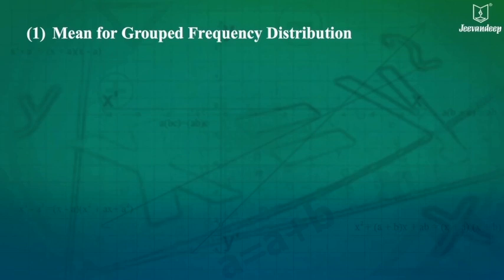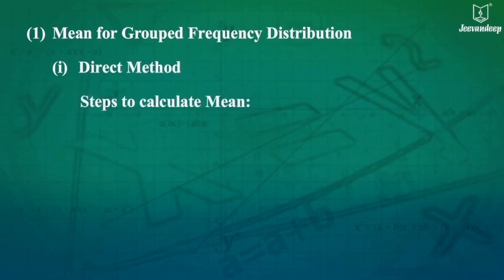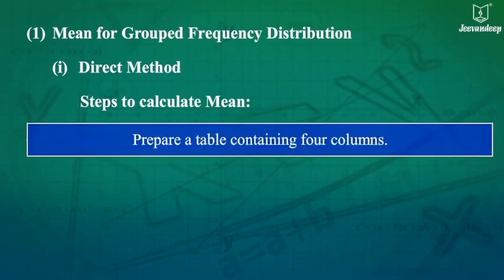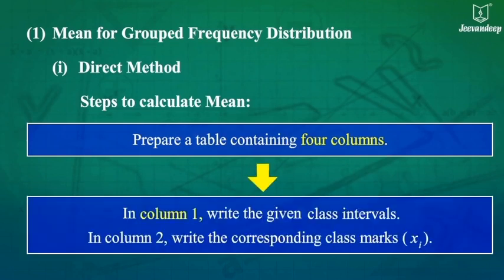1. Mean for grouped frequency distribution. 1. Direct method. Steps to calculate mean. Prepare a table containing 4 columns. In column 1, write the given class intervals.